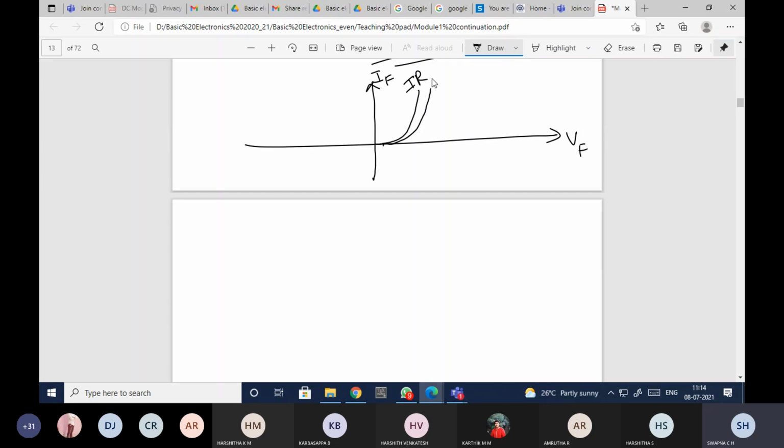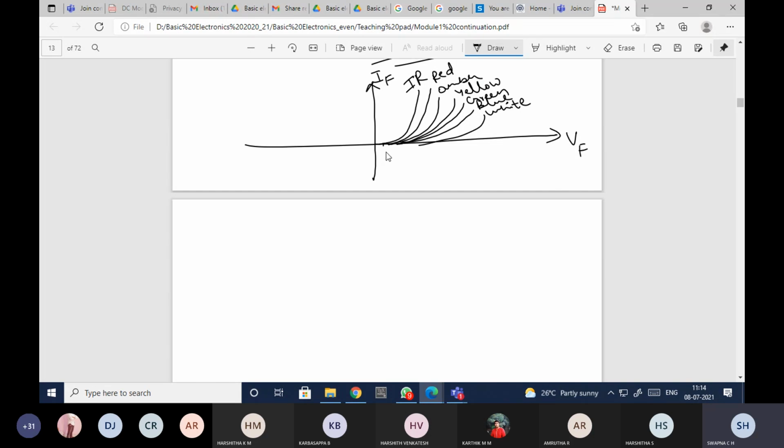For the next one, maybe red, it will be like this, or amber, yellow, green, then blue, white, like that. The light emitted by the LEDs varies based on the material used.